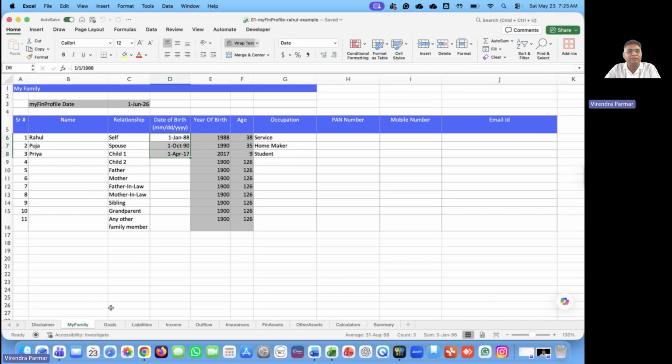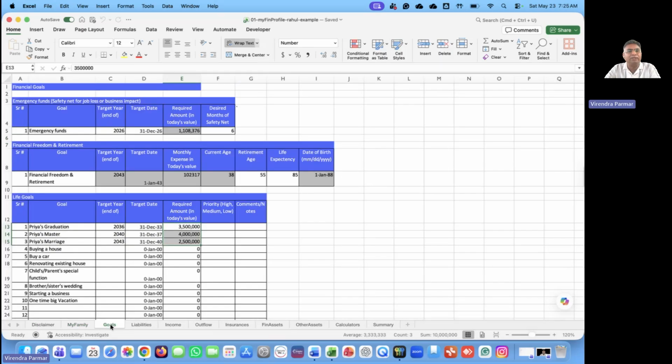Once you have filled this up, you can move to another section called goals. This is the kind of destination or the final place where you want to reach. I've categorized goals into three things. One is emergency funds. Usually you need it for any emergencies or situations which are beyond your control. Over here, you just fill up the year and we'll calculate the date, or you can put the date directly.